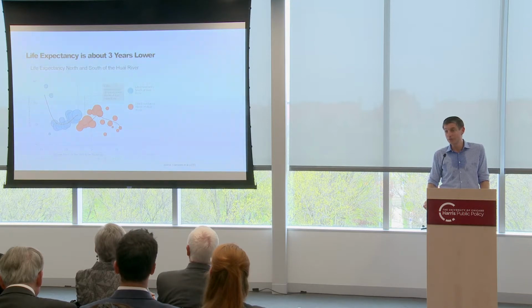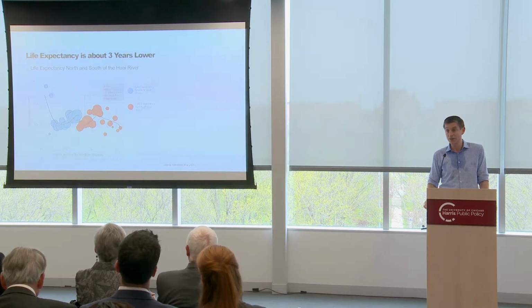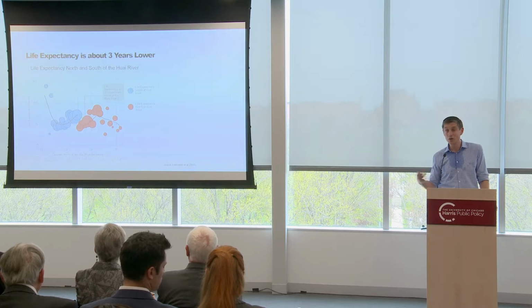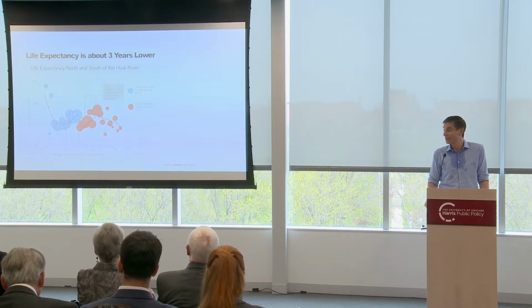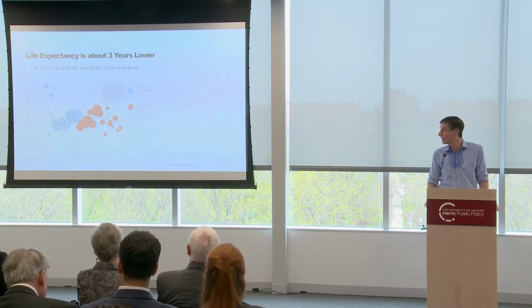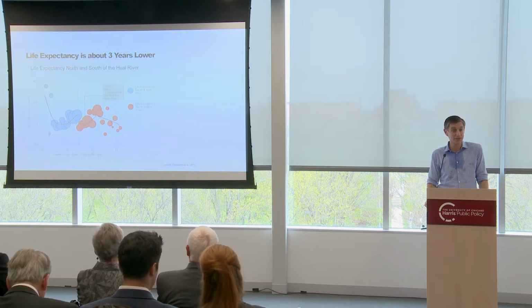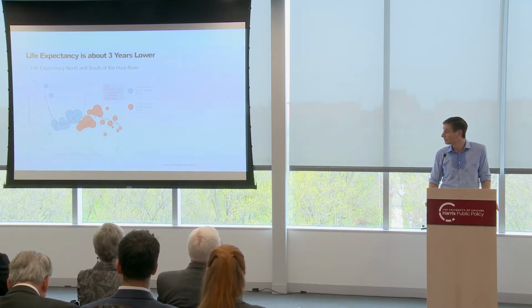If you happen to live just to the north of the river, you're living about 3 years less on average than people who live just to the south. All of that is coming through elevated rates of mortality due to cardiorespiratory causes of death, and it's occurring throughout the entire life cycle, not just the young and the old.